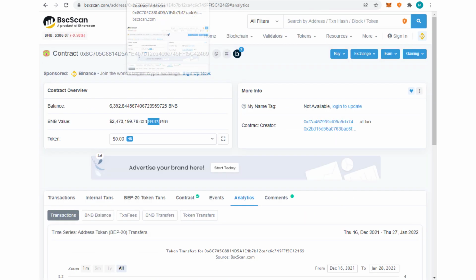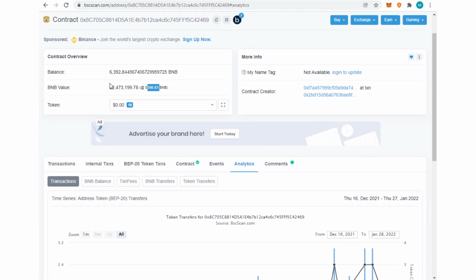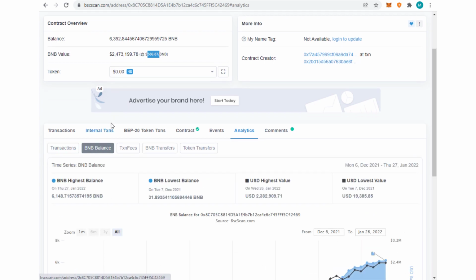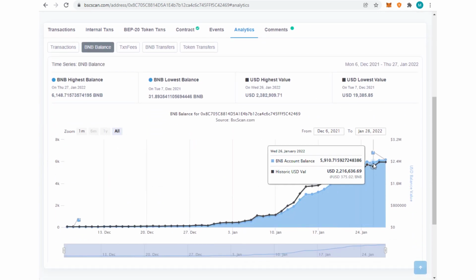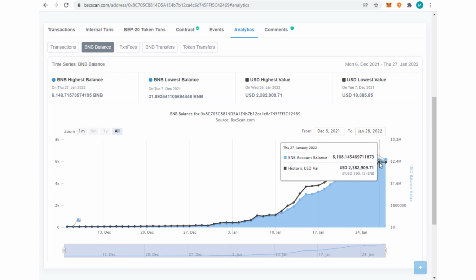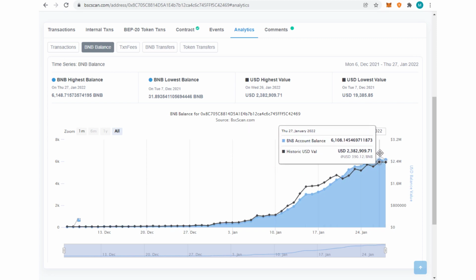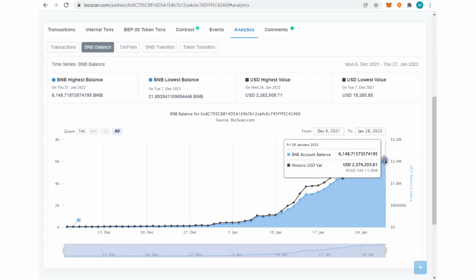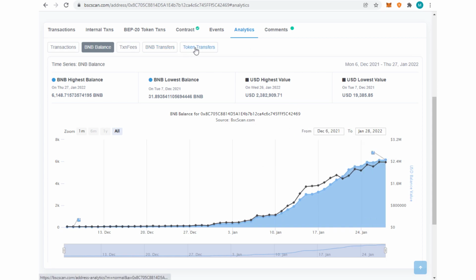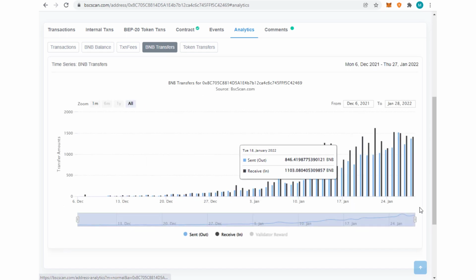But let me go back, and now let's go through the BNB balance on this account. It is going in the right direction, it's going up, so we are in good shape right now. And same thing, I'll go to the BNB transfers.